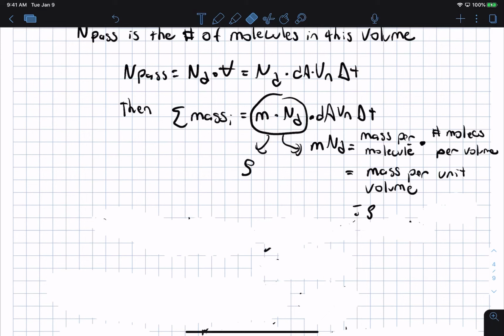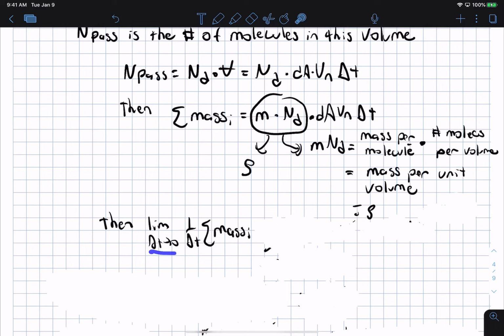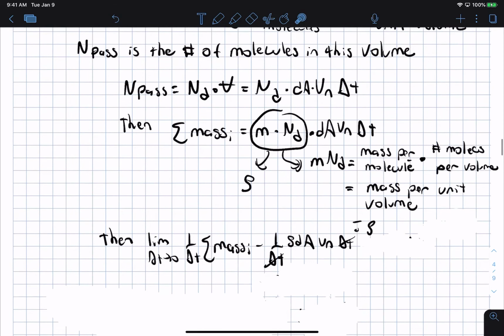So then, if we take the limit as delta t approaches 0 of 1 over delta t times the mass of all the molecules that pass through the surface in time delta t, well, that is equal to basically 1 over delta t times rho dA times the normal component of the velocity times delta t.